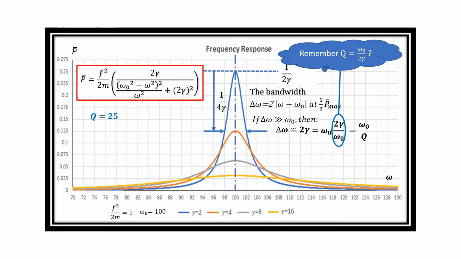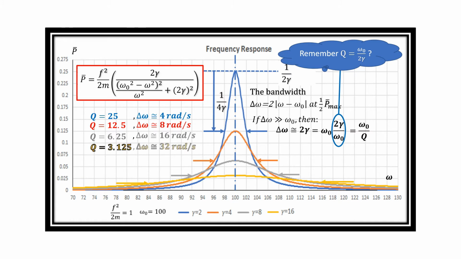So for gamma equal 2, the Q is 25 and the bandwidth is 4 radians per second. For gamma equal 4, for gamma equal 8, and surprisingly, the approximation is still good enough even for gamma equal 16, being the bandwidth only 1/3 of the natural frequency.